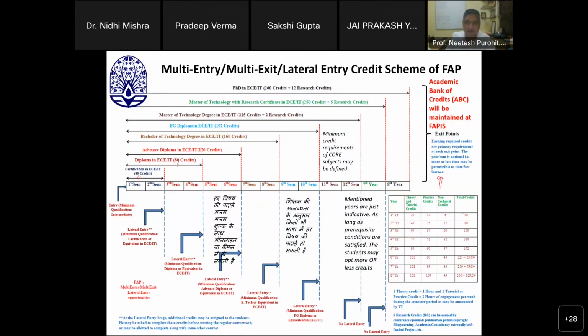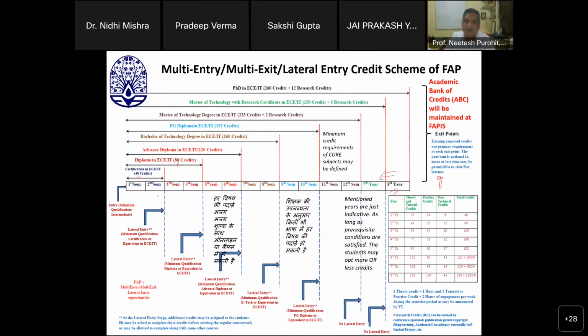So flexibility of registering for the credit is available to the students. Yes, there is some upper limit and lower limit. But if someone is registering for a higher number of credits per semester, then this 8 years may be reduced.